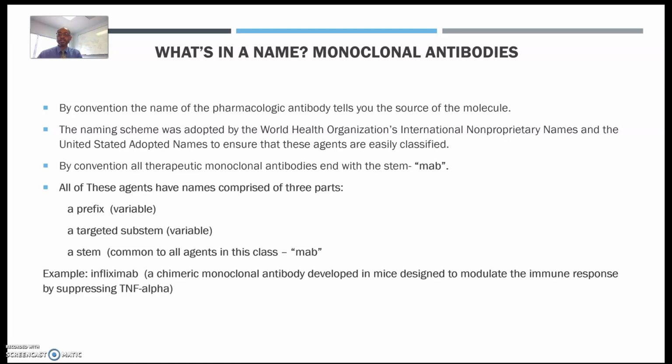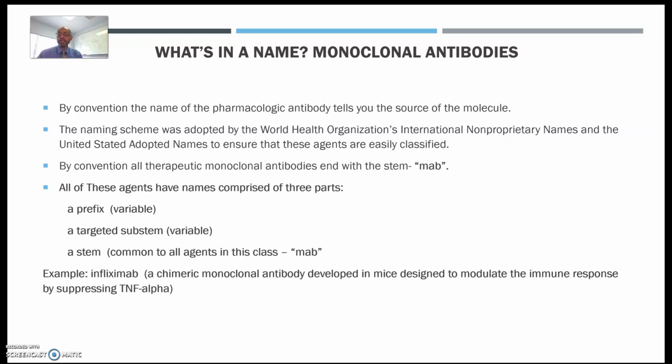The target tissue or the target site of activity will most likely be in the prefix portion of the drug name. The targeted substem will give us an indication of what construct this agent was designed in. For example, is it a humanized mouse monoclonal antibody? Is it a mouse-human monoclonal antibody? Or is it a human-human monoclonal antibody?